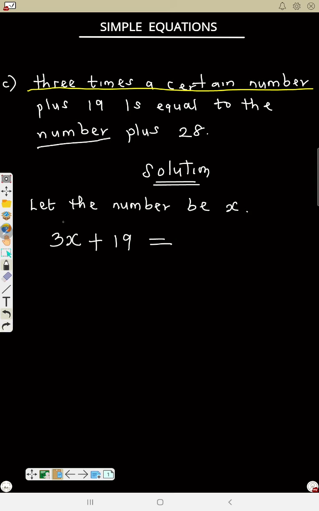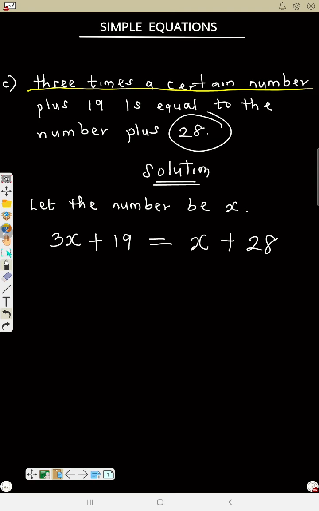What is the number again? We said let the number be x. So it's equal to the number plus 28.